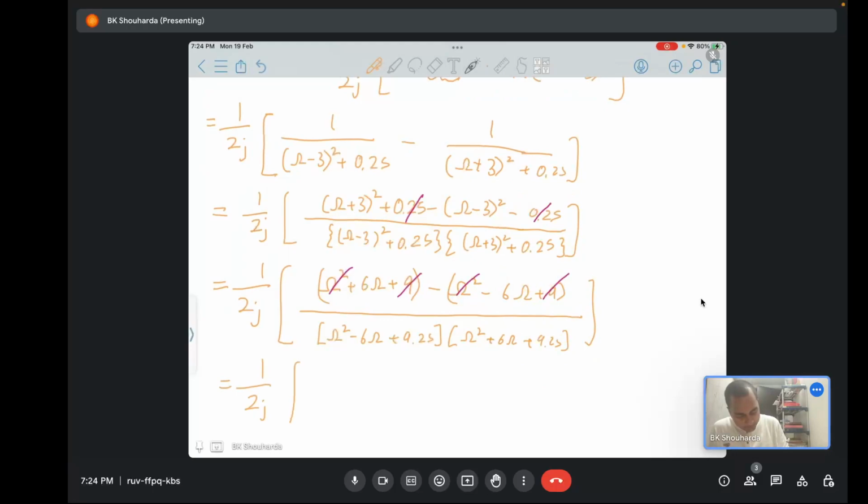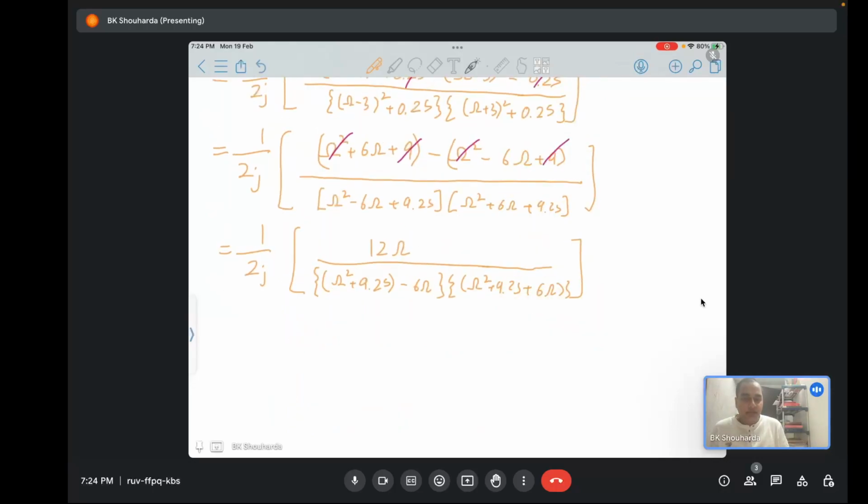One upon 2j times 12 omega, and here if I notice carefully, it's omega square plus 9.25 minus 6 omega and omega square plus 9.25 plus 6 omega, and I use (a plus b) times (a minus b) equals a square minus b square, and I get omega square plus 9.25 whole square minus 36 omega square.